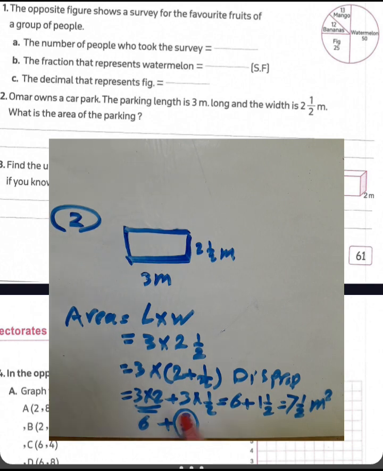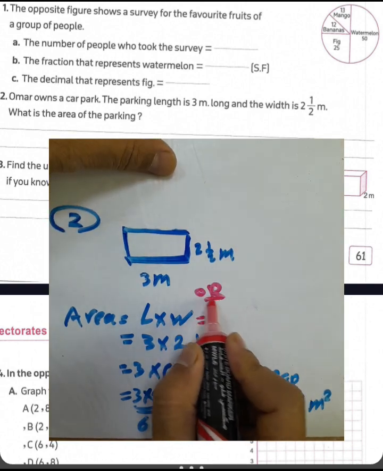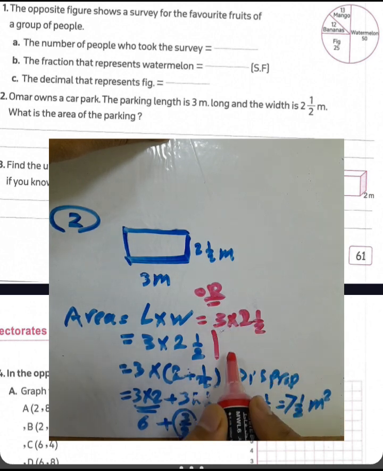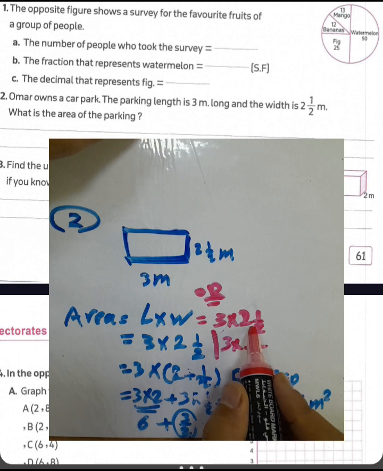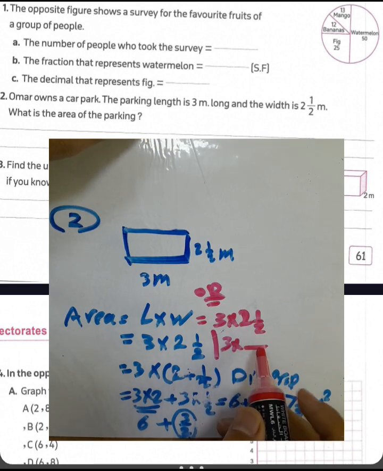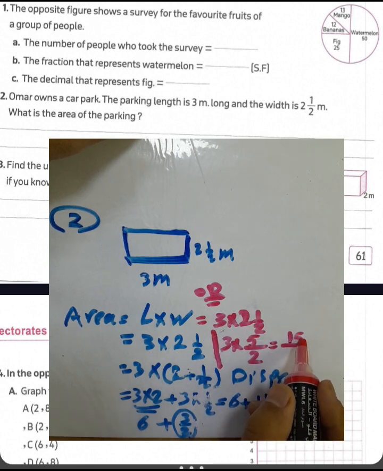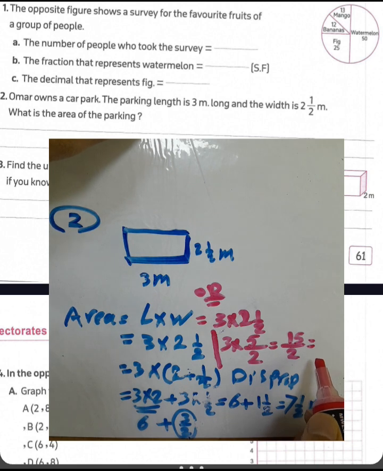Or you can solve the example by another method. Write 3 product by 2.5 and convert this number from a mixed number to an improper fraction. 2 times 2 is 4, 4 plus 1 is 5, and the result will be 5 over 2. Then 3 times 5 over 2 is 15 over 2; convert it to a mixed number. 2 times 7 equals 14 and the remainder is 1.